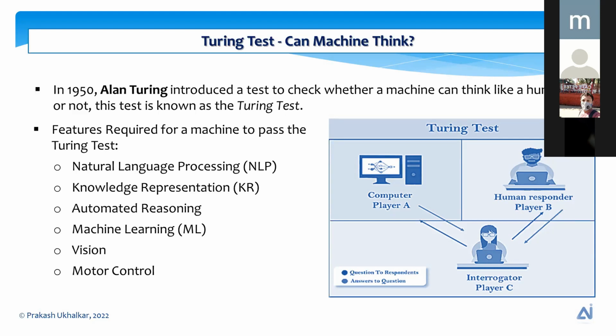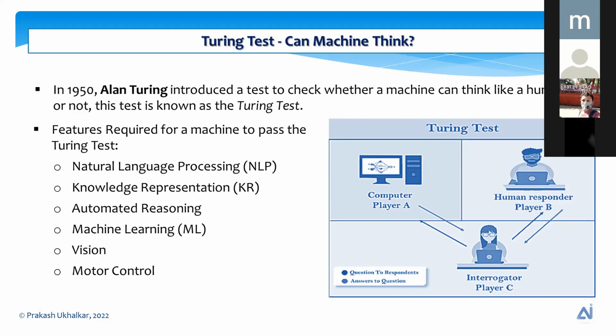The interrogator is getting answers from both players, and a player is giving an answer after a long pause, taking too much time for calculation and giving a wrong answer. Then it is sure for the interrogator that it is not a computer, because if it were a computer, the answer would have been correct, right?